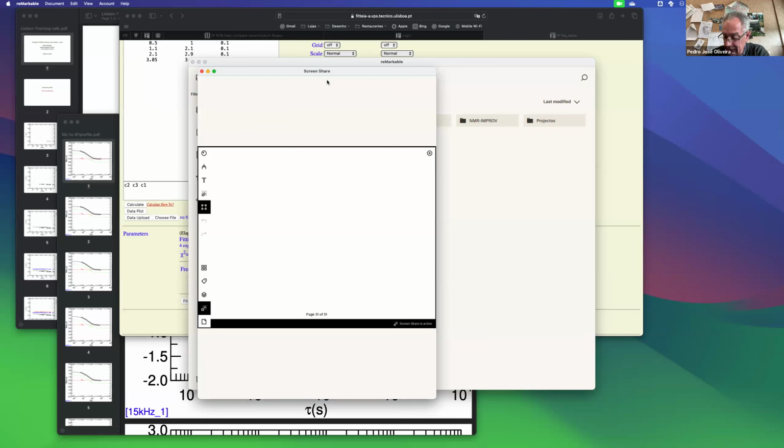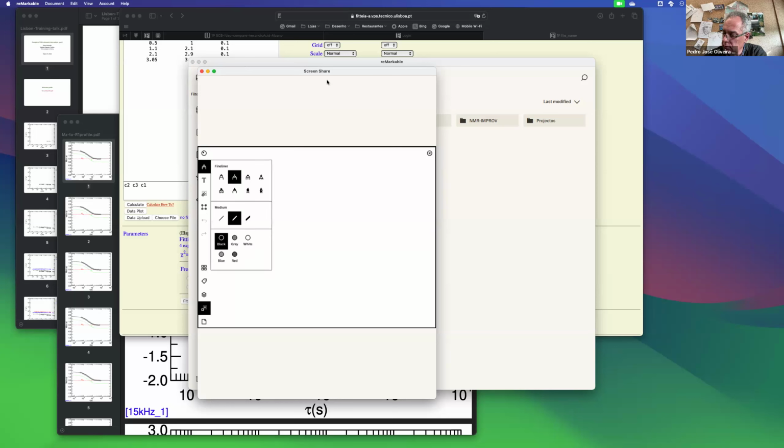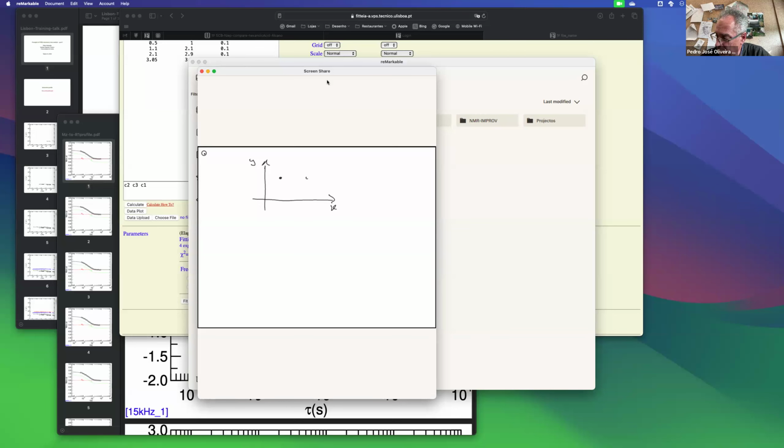Okay, so a brief introduction to this. I assume a bunch of experimental points, which I'm drawing here with some uncertainty.